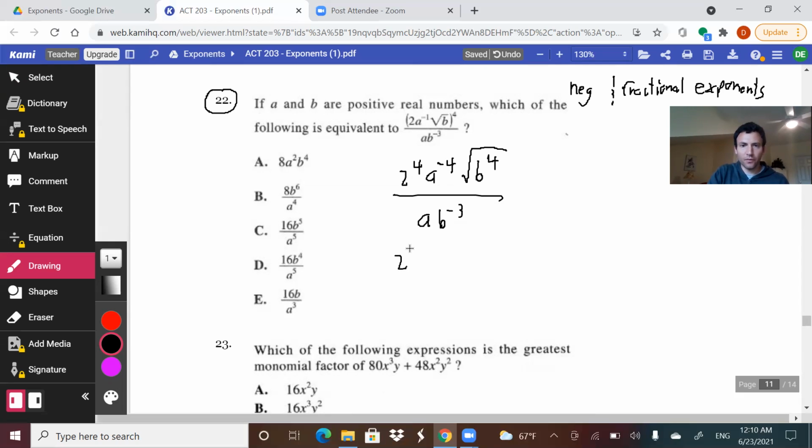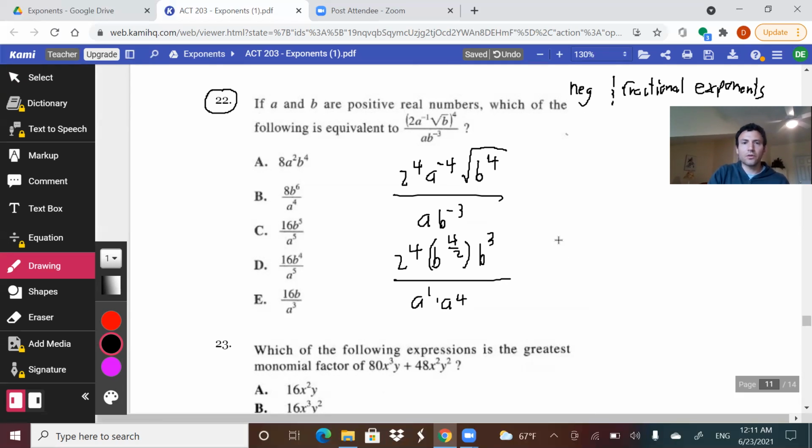So we have 2 to the 4th. I'm going to write this as a fraction. So this is going to be b to the 4 over 2, right? Power over root. So 4 over 2 times b to the 3. And then on the bottom, we have a to the 1st times a to the 4th.